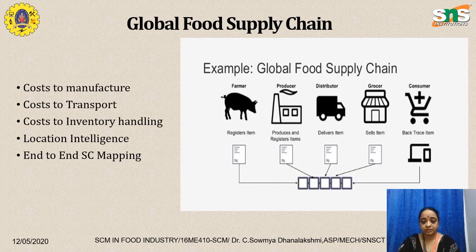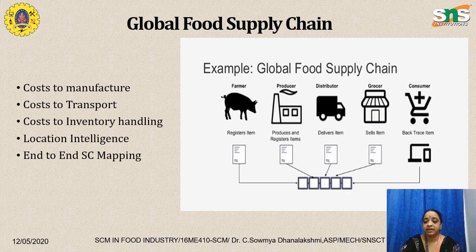That traditional food supply chain is redesigned as a global food supply chain like this: farmer, producer, distributor, grocer, and consumer. Here the farmer registers the item, the producer produces and registers the items, and the distributor delivers the item after receiving it from the production unit.